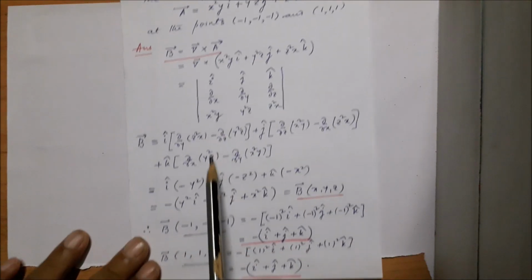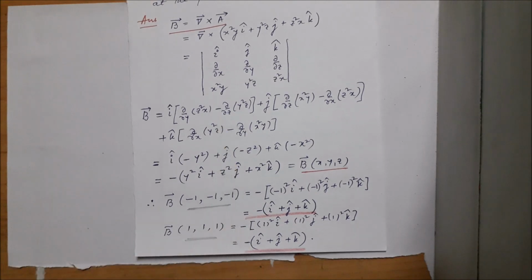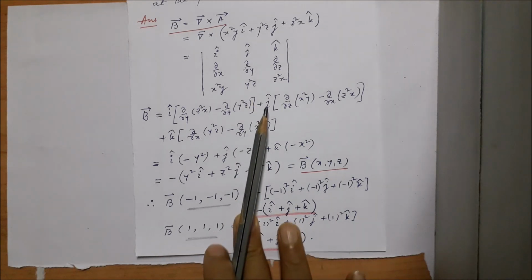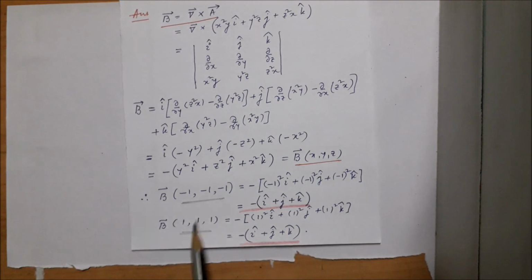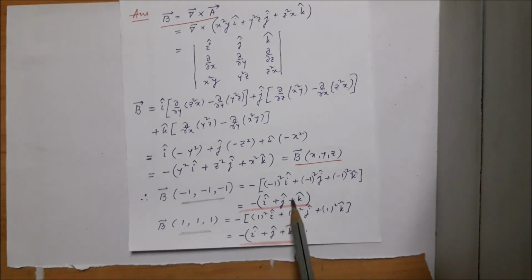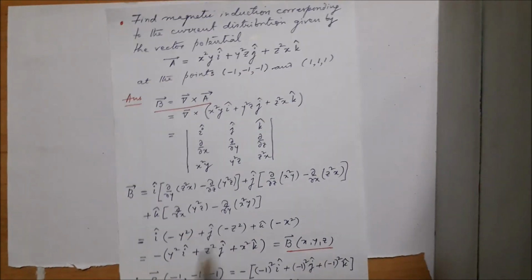If you do it, you can check the calculations, and we end up with this expression of B, which is a function of x, y, z. Now we can put the values of x, y, z as given in the question, these two points, and we get these values as the magnetic induction corresponding to this A.